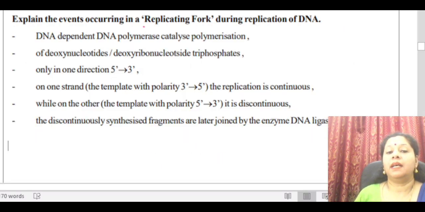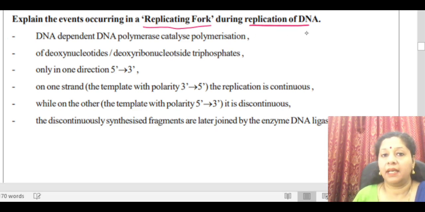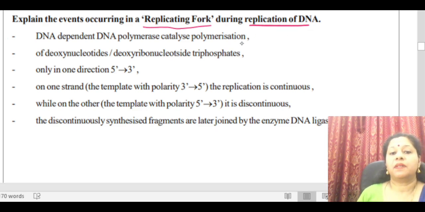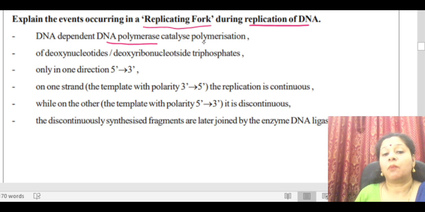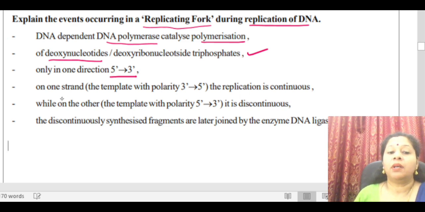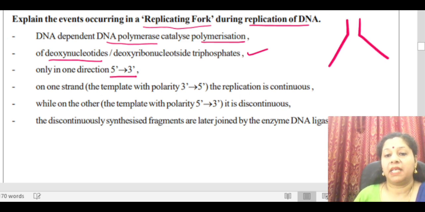Events occurring in a replication fork. The replication fork is formed during the DNA replication process. First, the DNA dependent DNA polymerase enzyme catalyzes the polymerization reaction of deoxyribonucleotide triphosphates, and the direction in which it is happening is 5' to 3'. Suppose these are the two strands in the replication fork.